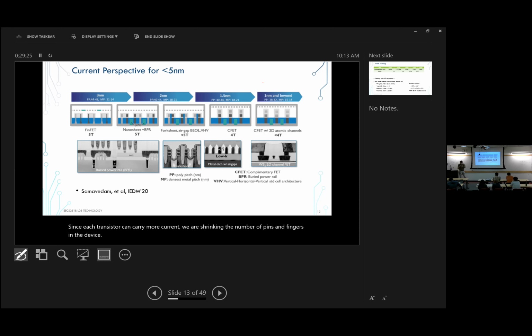So if you look at the very bottom, the standard cell area has been shrinking because each device has been getting taller to carry more stuff. So it's becoming more three-dimensional. And one of the big problems, if you look at these 5 and 3 nanometer standard cells, is that a lot of the area goes into power rails, like 30% or something like that.